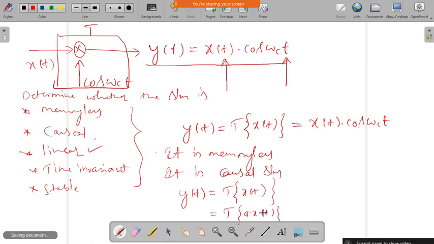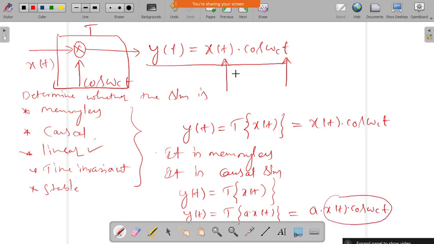Wherever x of t is there, I will put a into x of t. The output is a into x of t into cos of omega ct.